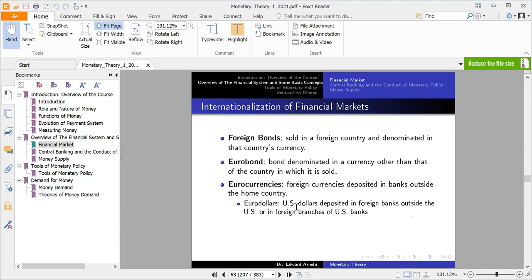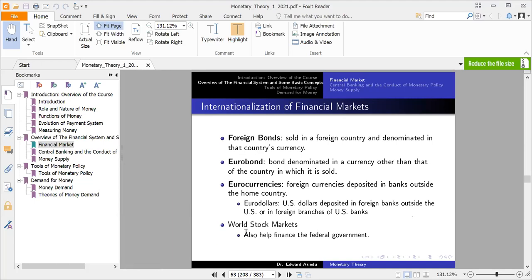Or the Europeans will put euros in an American bank. In the case of our cedi, it doesn't make sense to carry cedis and go and open an account in another country.